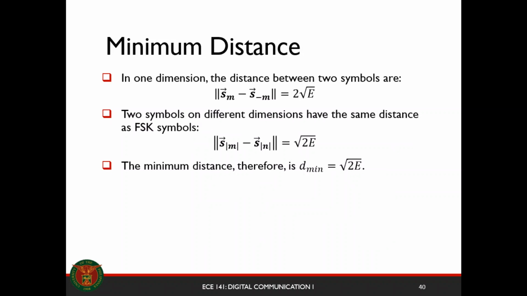In one dimension, between two symbols, the distance is 2 square root of E, but that just means that this distance is greater than the distance between two symbols that are on different dimensions. So it's still the same. The minimum distance is square root of 2E.